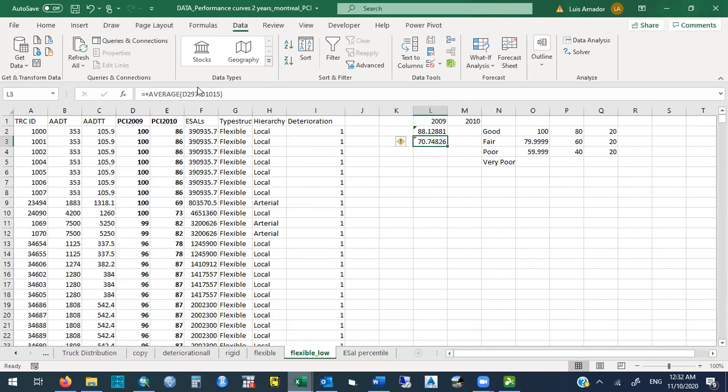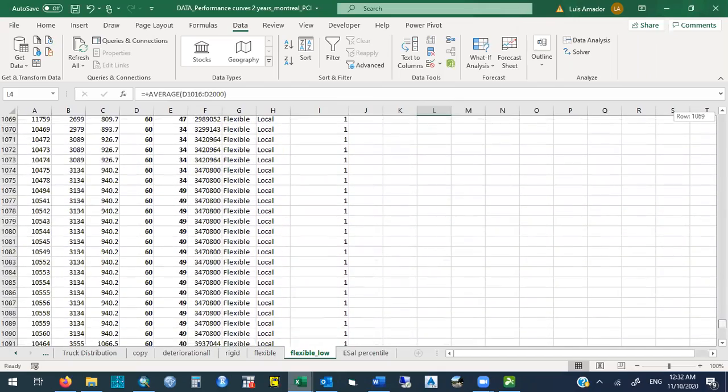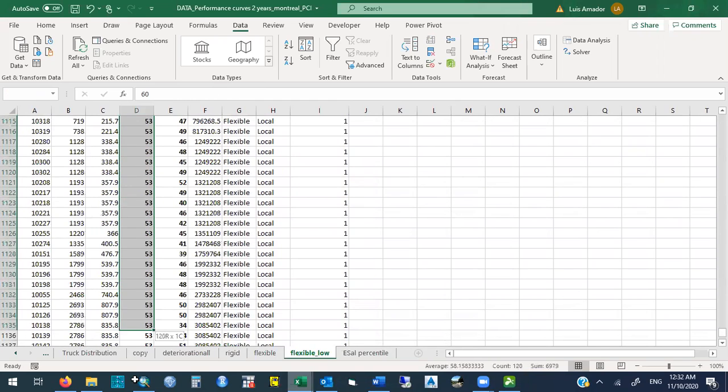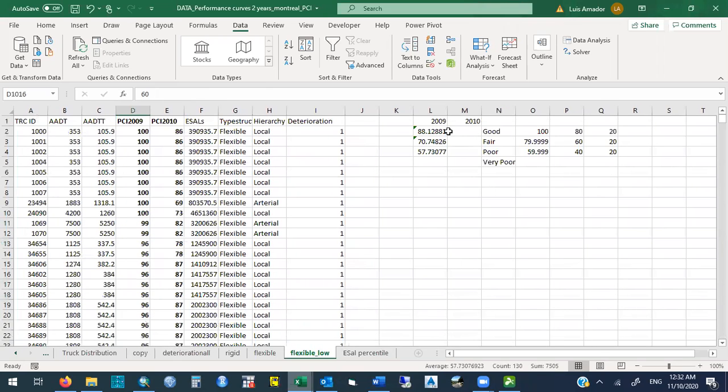And my next range will be 10, 15 down. 10, 16 actually. Roll it to the last one. Let's see. 10, 16. Is 60 to 1145. It's going to give me the same result because it's counting how many.